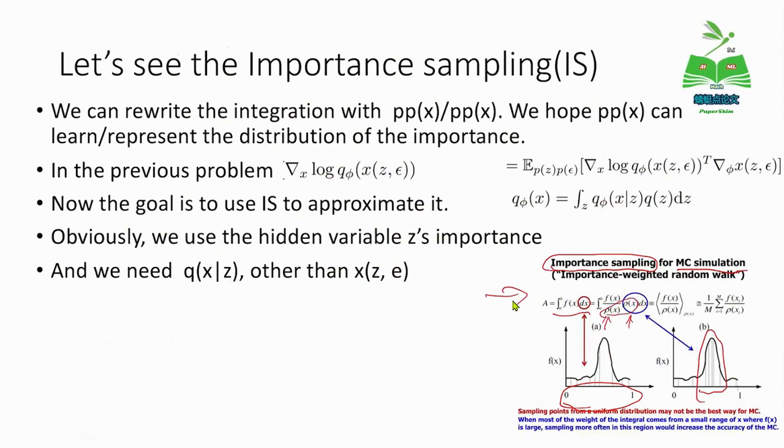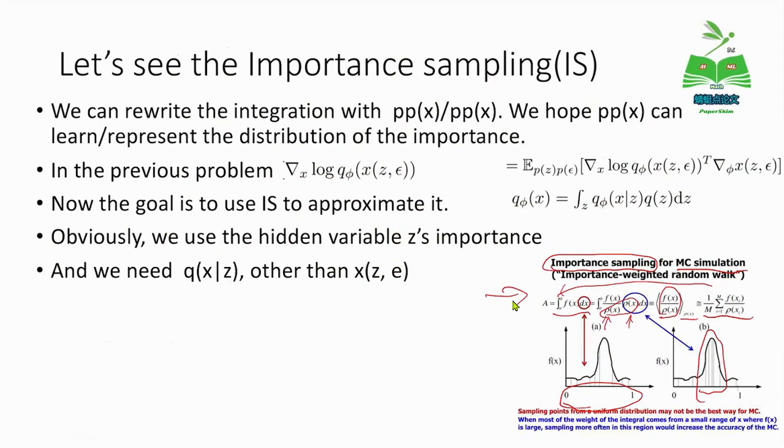Then we rewrite the integral as another expectation over the importance distribution, with this function. Finally, we use MC simulation with different sampling to approximate the original integration problem. So this is the definition of importance sampling.